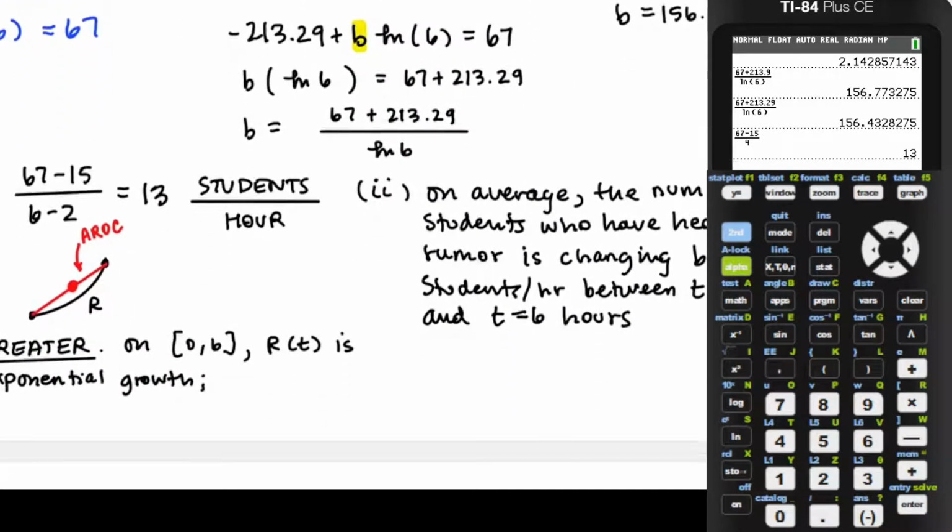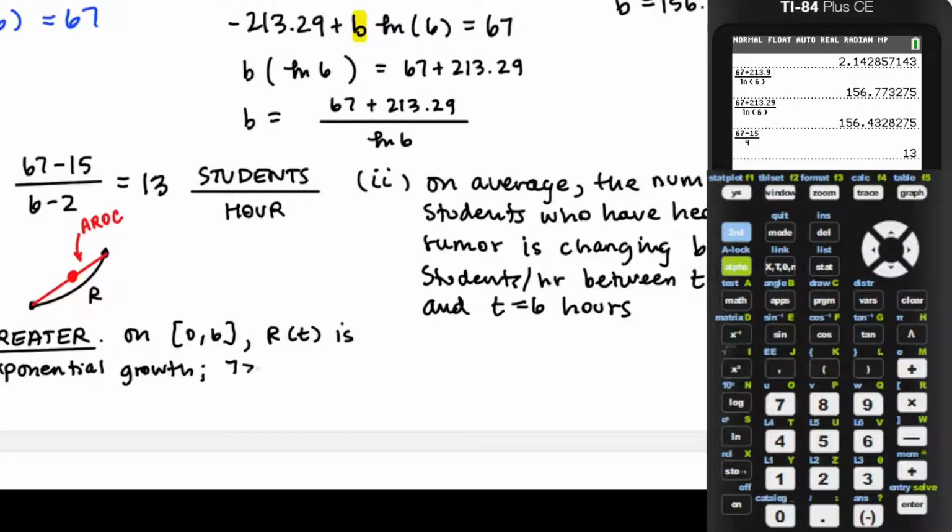That's a place where we need to be careful. 7 greater than 0 and a is greater than 1. Therefore, the graph of R is concave up and the secant line sits over the curve.